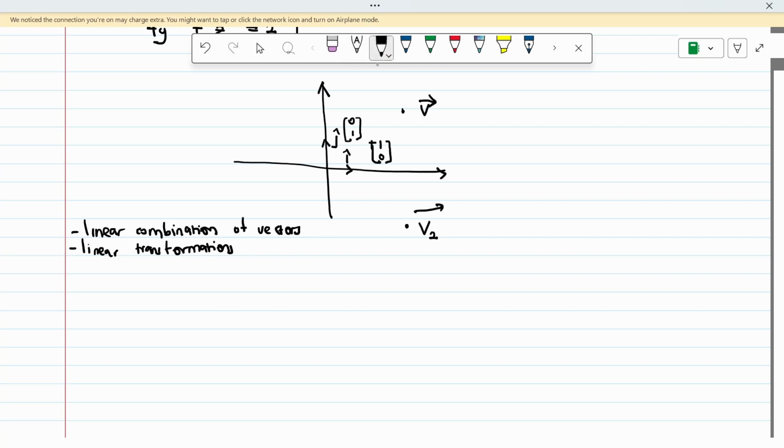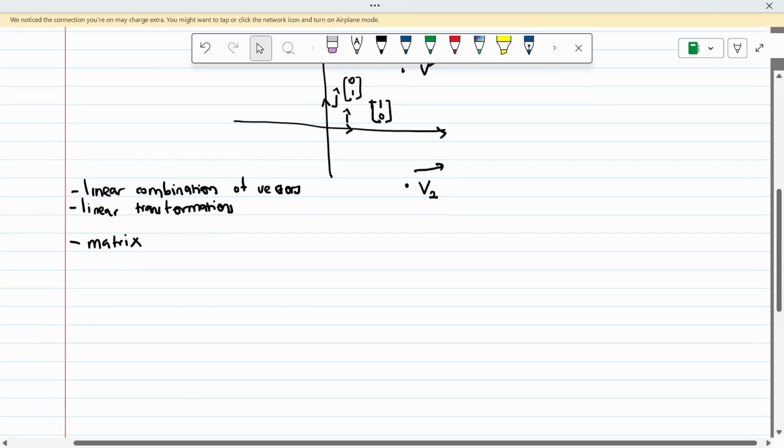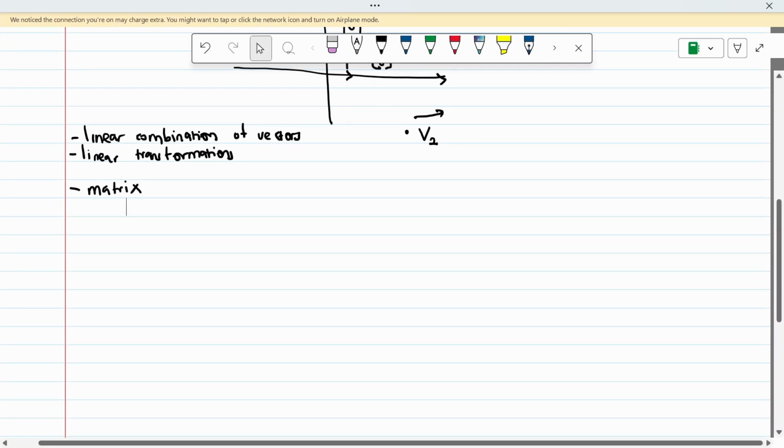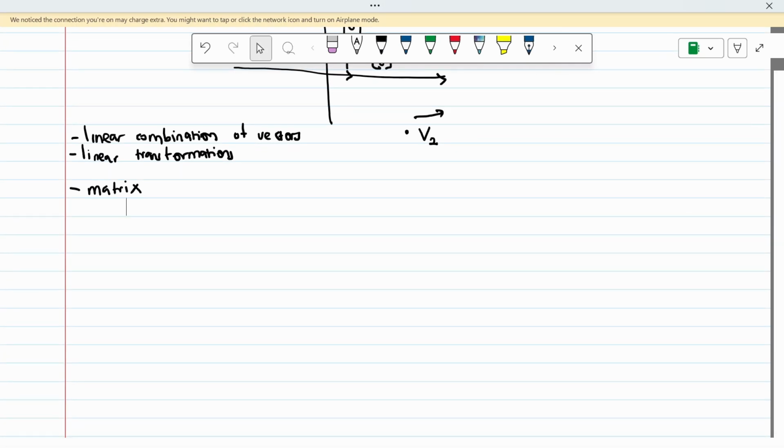And the new positions of i hat and j hat can be packaged into what we call a matrix. So a matrix represents a linear transformation.